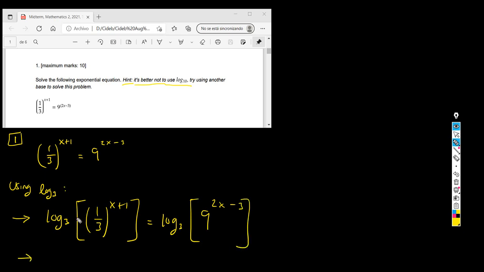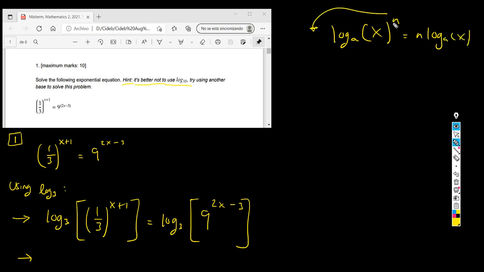Then I make use of the properties of logarithms, this one in particular: logarithm base a of x to the n is equal to n times logarithm base a of x, right?